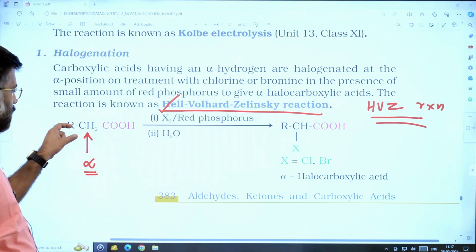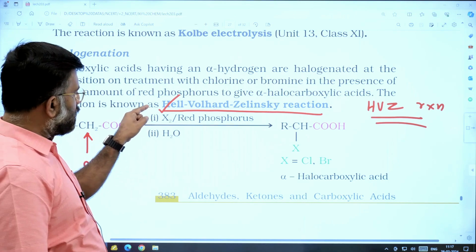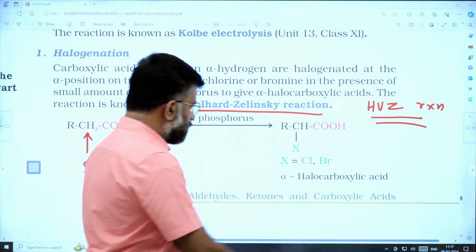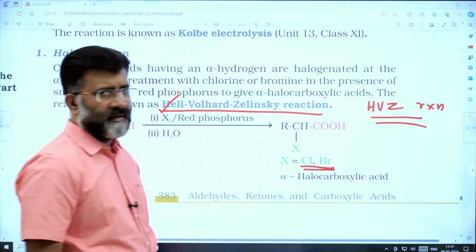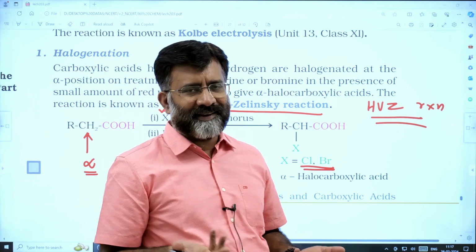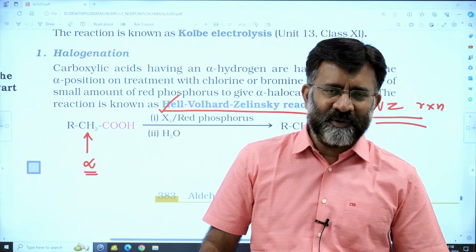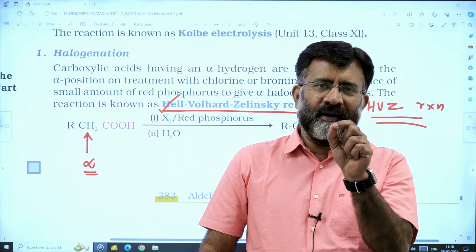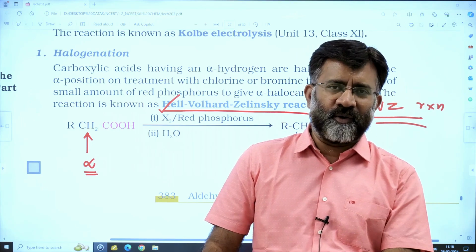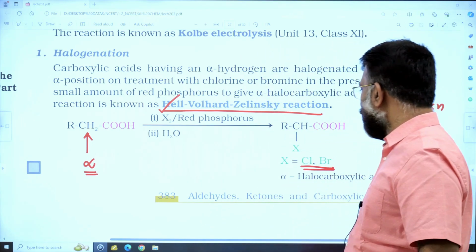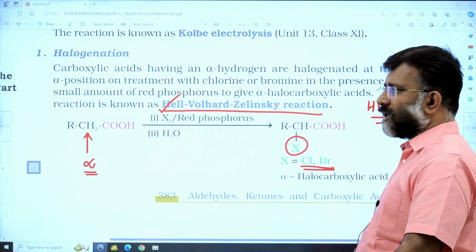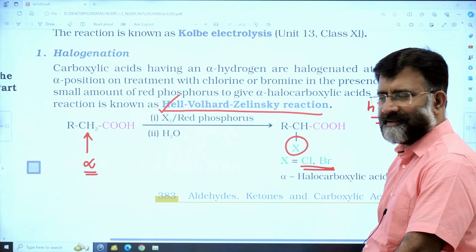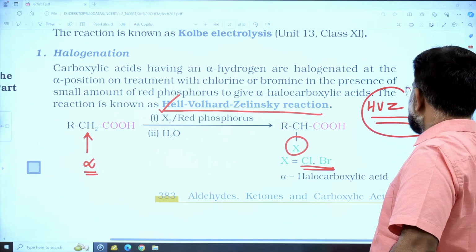Carboxylic acid containing alpha hydrogen is treated with halogen and red phosphorus. Halogen means chlorine, bromine. So the alpha hydrogen is substituted with one chlorine or bromine, and you get an alpha-substituted carboxylic acid. The very famous reaction, the HVZ reaction.